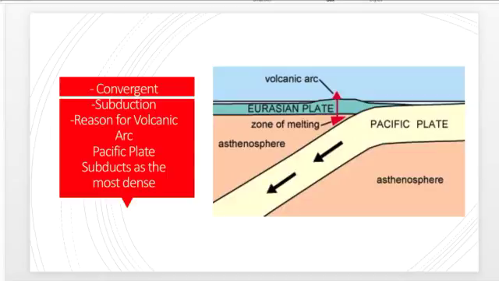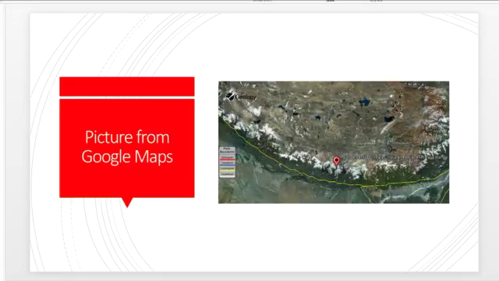giving us the volcanic arc. You will notice that when we look at a picture from Google Maps, at the convergent boundary of India and the Asian Himalayan range, this process of convergence of the two plates has not only given us a volcanic arc, but also more continental convergence has given us the mountain ranges, as we learned from the concept of Pangea way back in the beginning of this class.